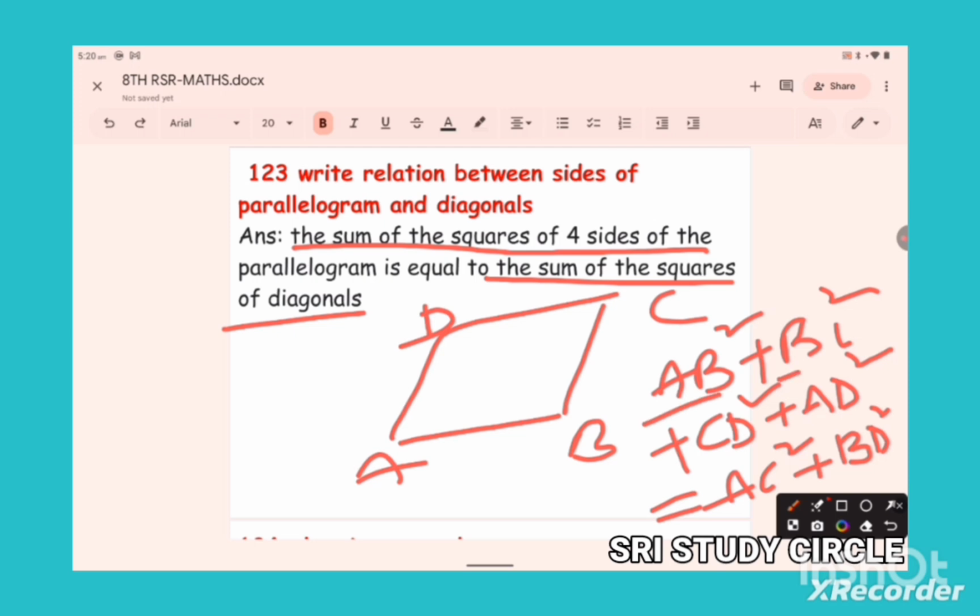AB square plus BC square plus CD square plus AD square is equal to AC square plus BD square. This is the relation between sides and diagonals of a parallelogram.